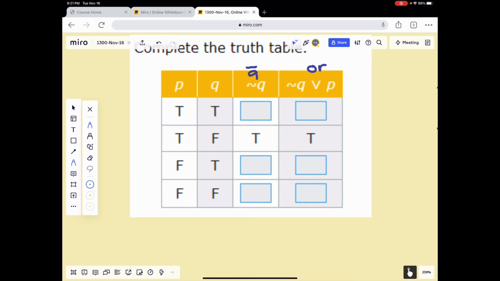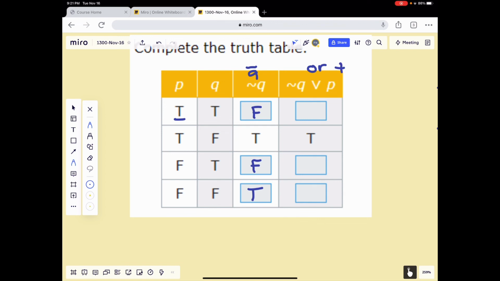So let's do the Q and not Q's. Not Q is up. Negation of T is false. Negation of false is true. Negation of true is false. Negation of false is true. And then you take not Q and multiply by P. P is 1. 1 plus this all, that means you add together.